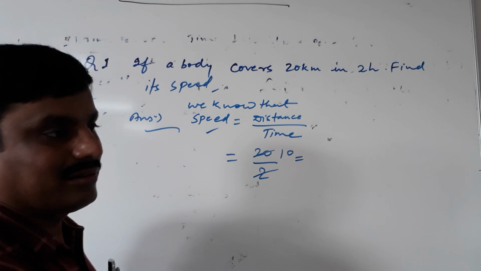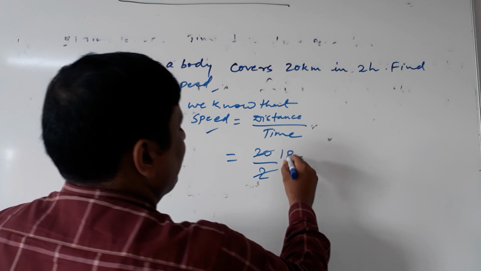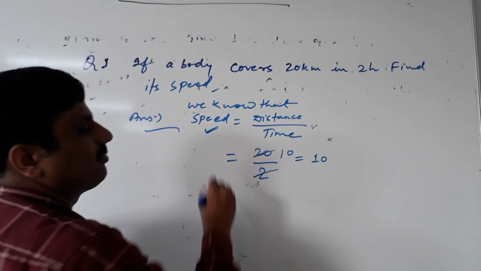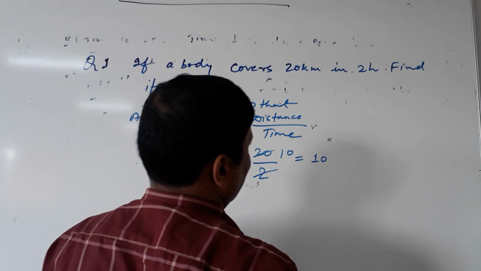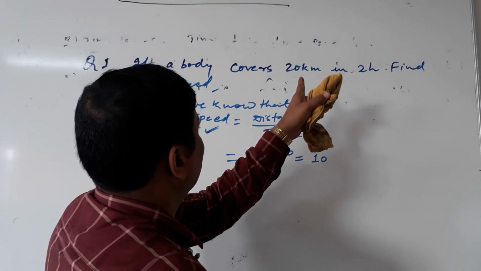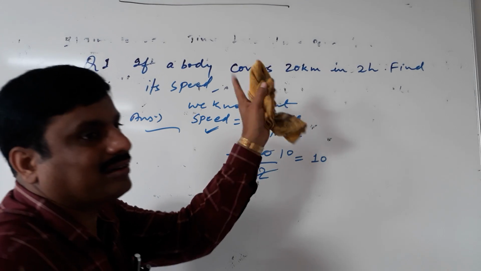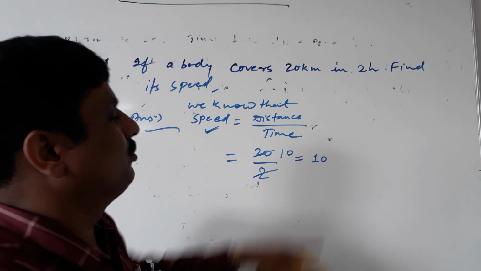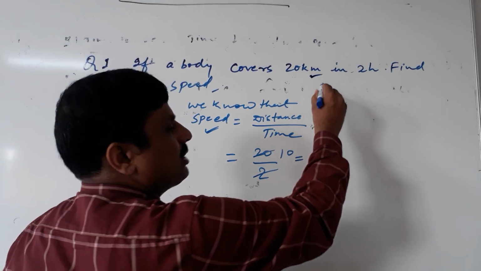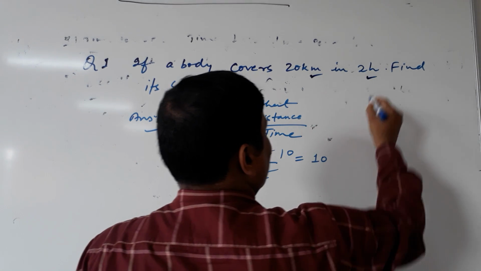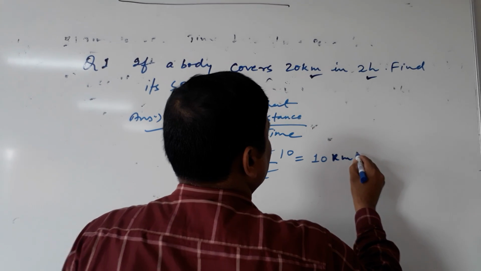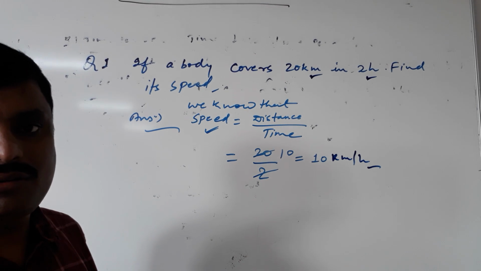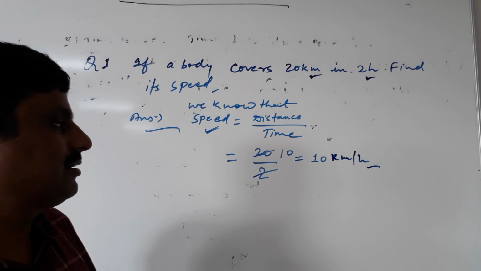You must write the unit of speed. When you write the answer 10, what will be the unit of speed here? Meter per second. But here, it is not required, find the answer in meter per second or in SI unit. So you write here, distance given in kilometer and time in hour, 10 kilometer per hour. Like this, you must write.